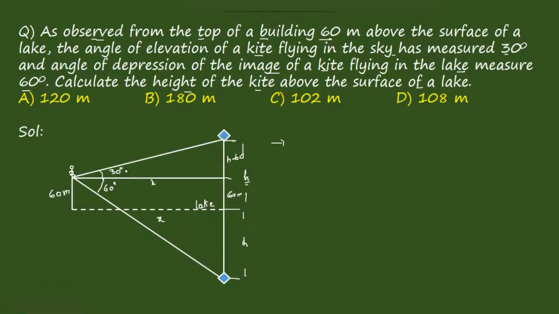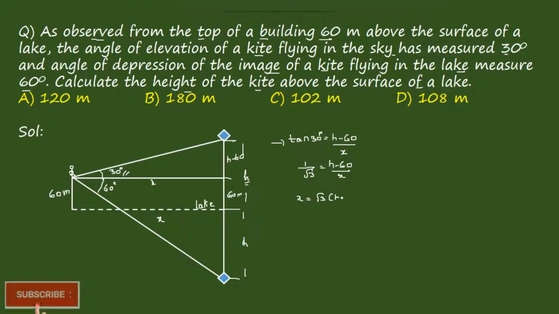For 30 degrees, tan 30 degrees is equal to height h minus 60 by base x. Tan 30 is 1 by root 3, which is equal to h minus 60 by x. Then x is equal to root 3 into h minus 60, right?